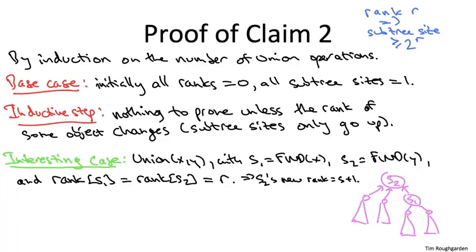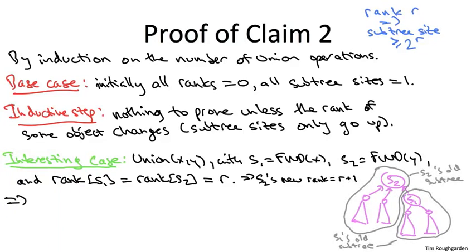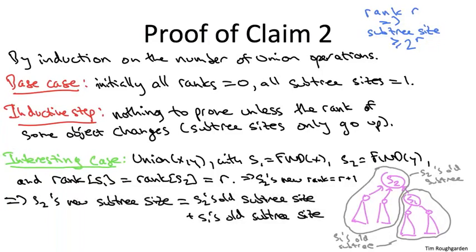So what is its new subtree? Well, it's really just composed from its old subtree, and it inherits S1 and all of its subtrees. Well, in that case, we know that S2's new subtree size, the number of objects that can reach it, is just its old subtree size plus the old subtree size of S1.